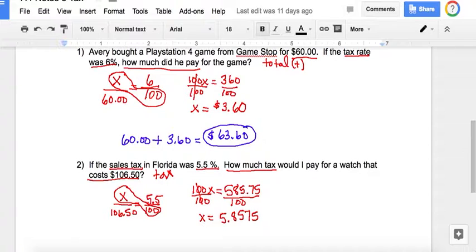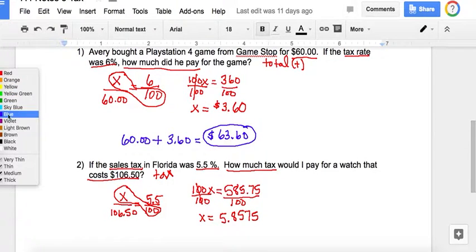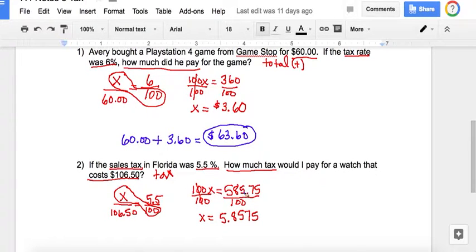Now, that does not look like money. And why doesn't that look like money? Because it has more than 2 places after the decimal. So I have to underline the hundredths spot because that's what money is always rounded to. And we underline the hundredths spot and look to the right.